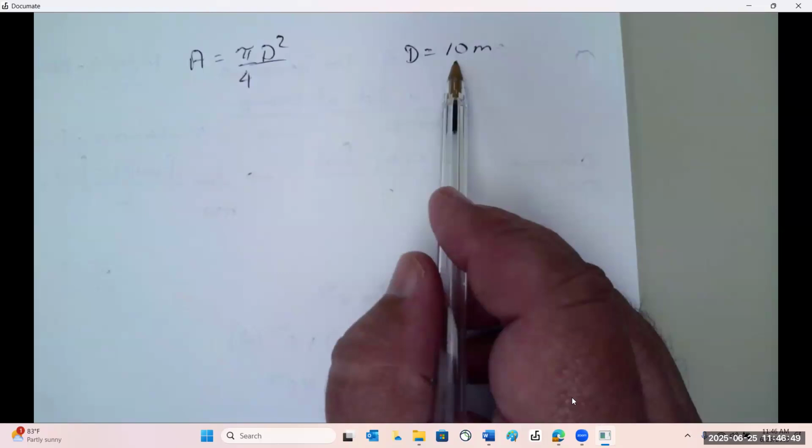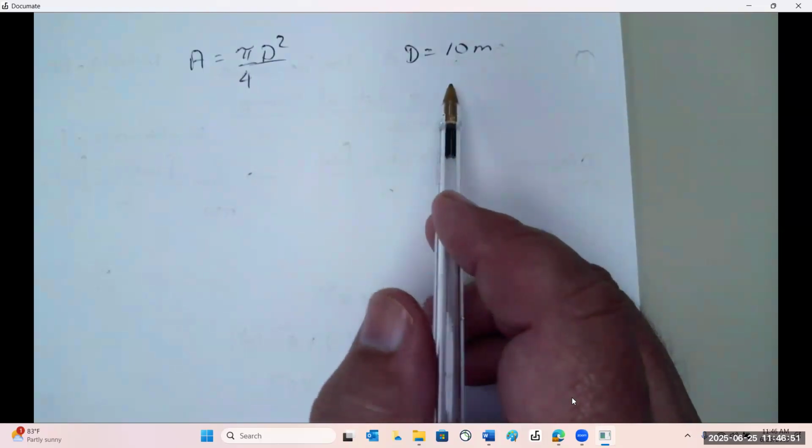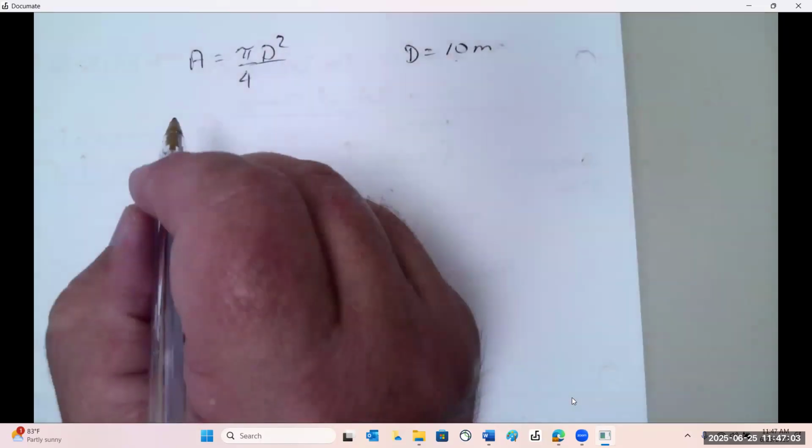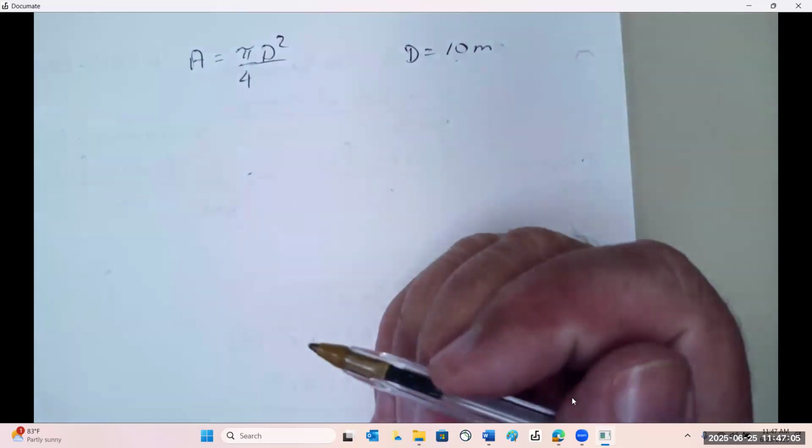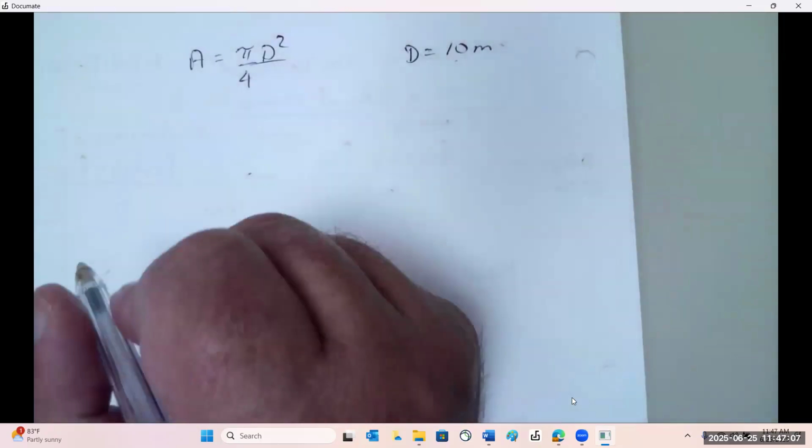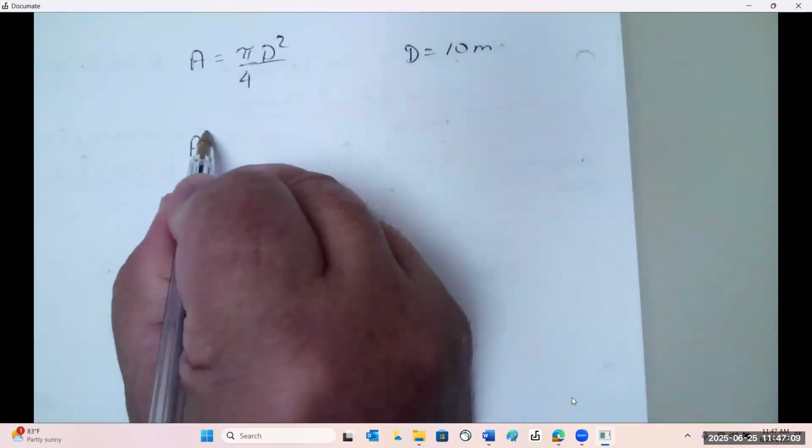Well, we only have 1 point, so it has to be instantaneous. It's not asking between these 2 points. It's asking for this. So it's instantaneous. What formula do we use for instantaneous rate of change, which is also called the derivative? So we can find the derivative of this.